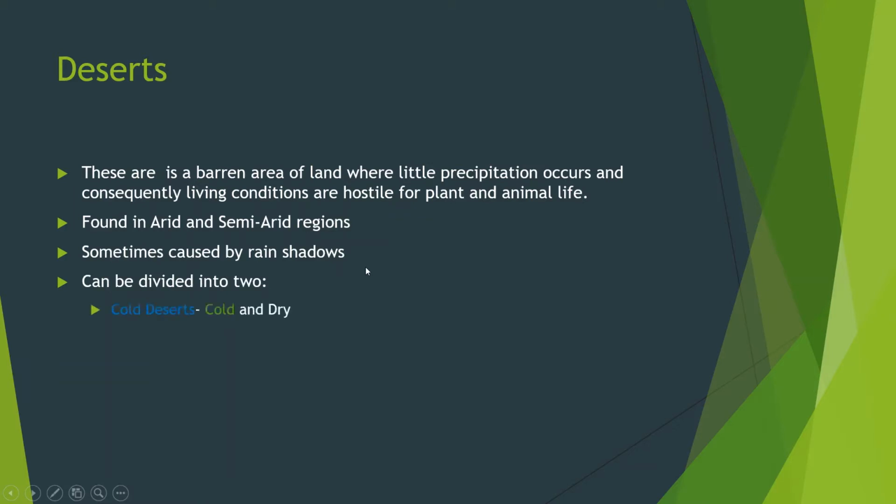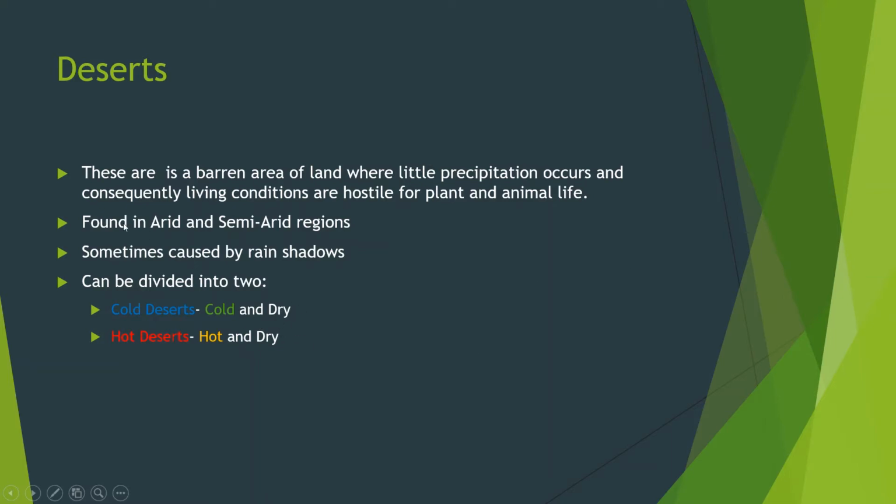We have the cold deserts, which are cold and dry, and hot deserts, which are hot and dry. So the dry portion is really consistent.